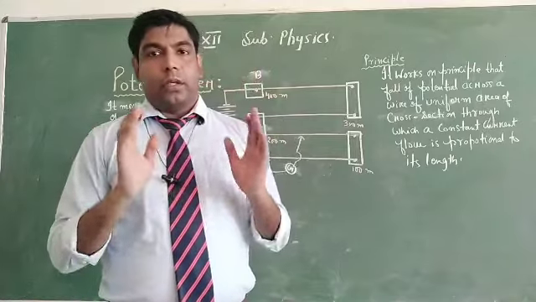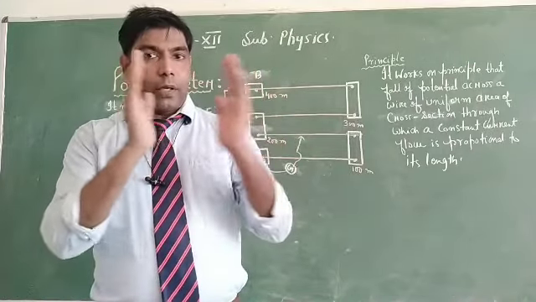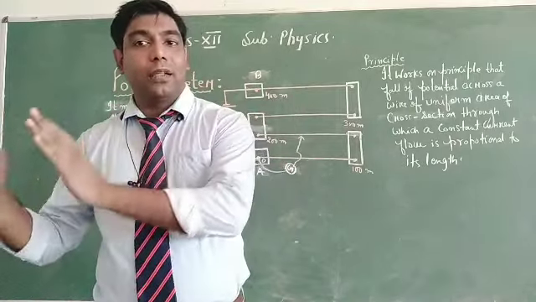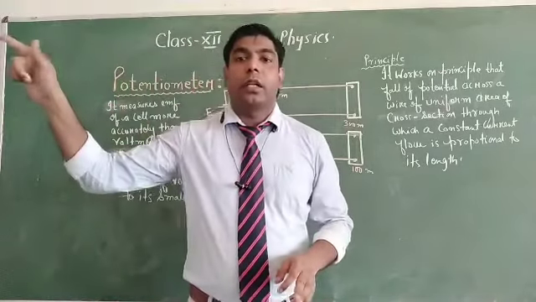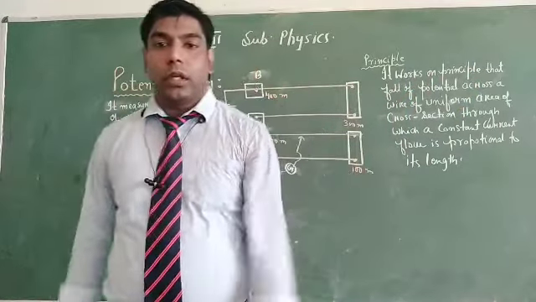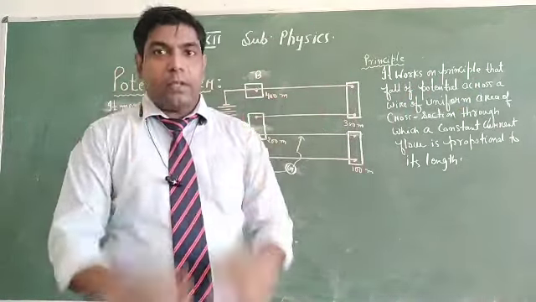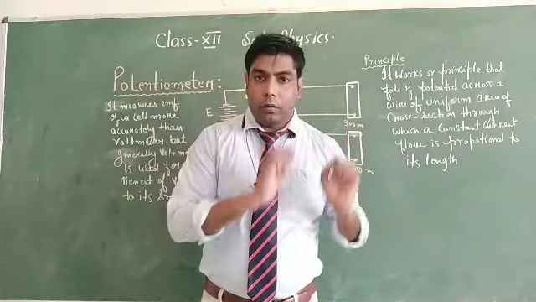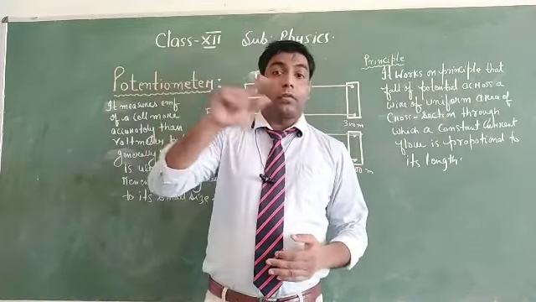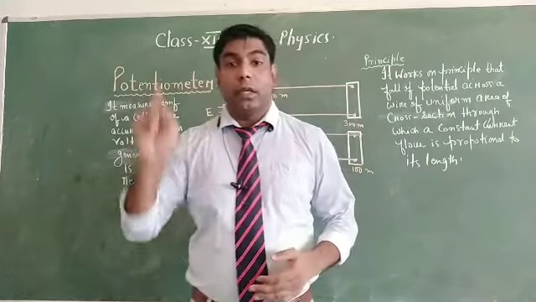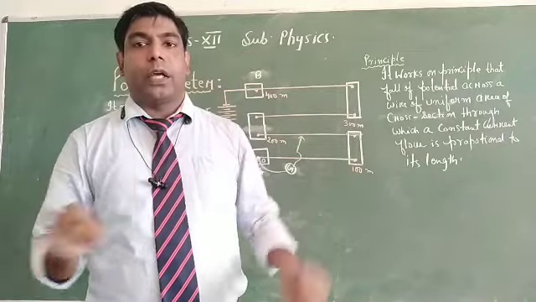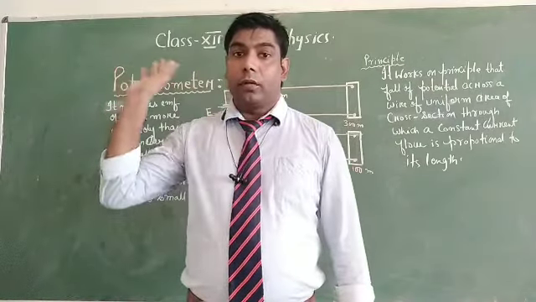Then the potential drop across its length is directly proportional to the length. As the length increases, potential drop increases; if the length decreases, potential drop decreases. The condition is that the area of the wire must be uniform and constant current must flow through it.